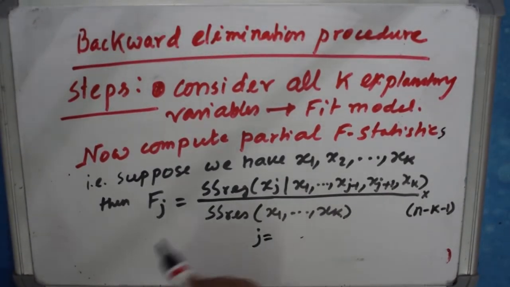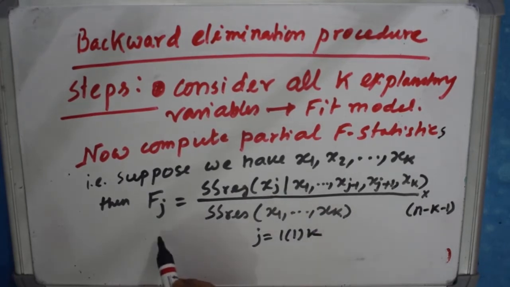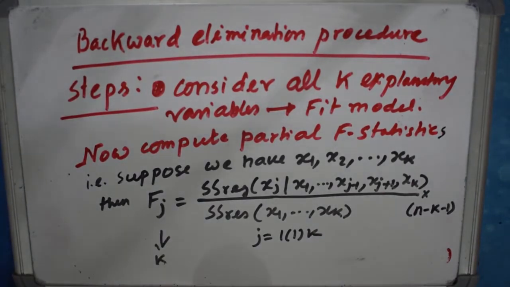And this j varies from 1 to k. So we get k partial F statistics.